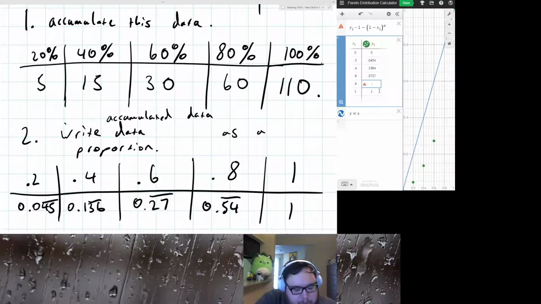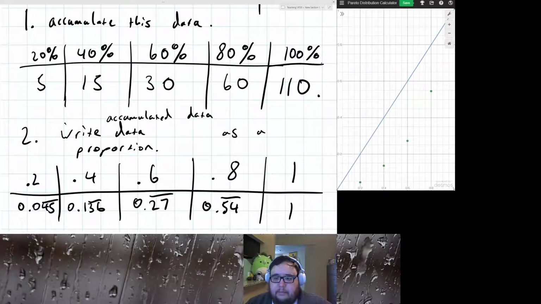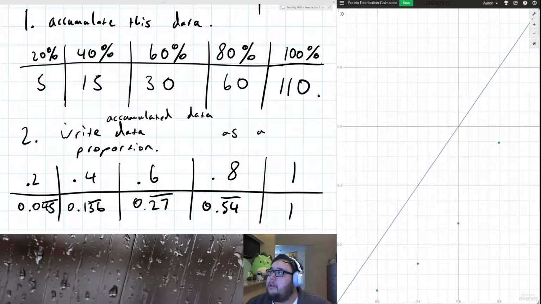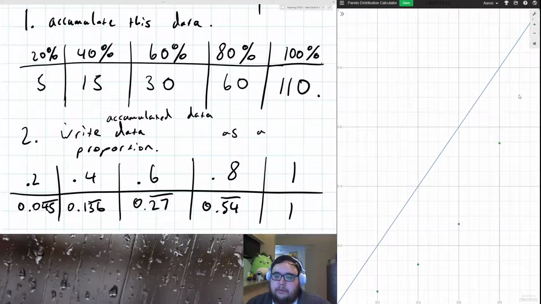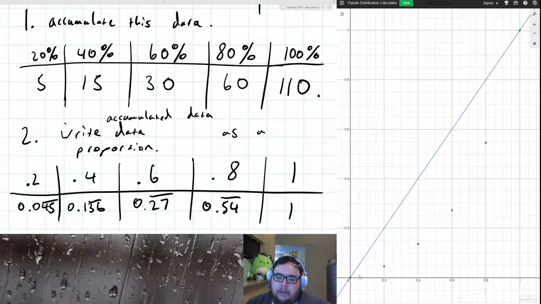Here we have 0.5454. Here we have 1. Let's make that bigger. And you can see our data plotted here, right?